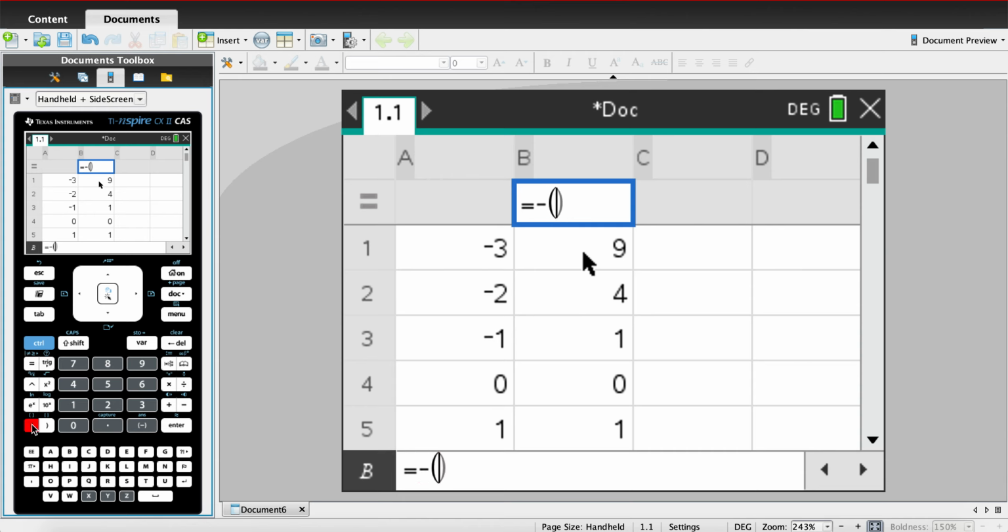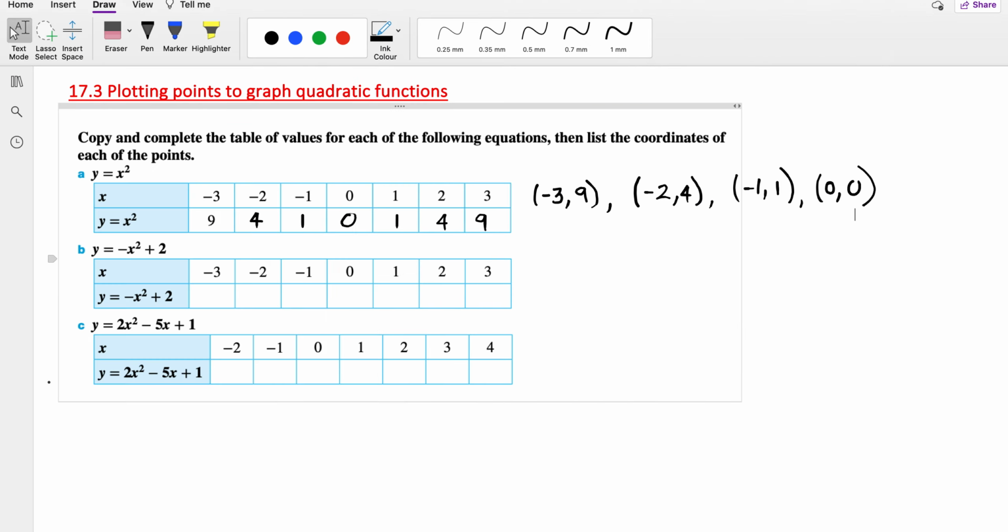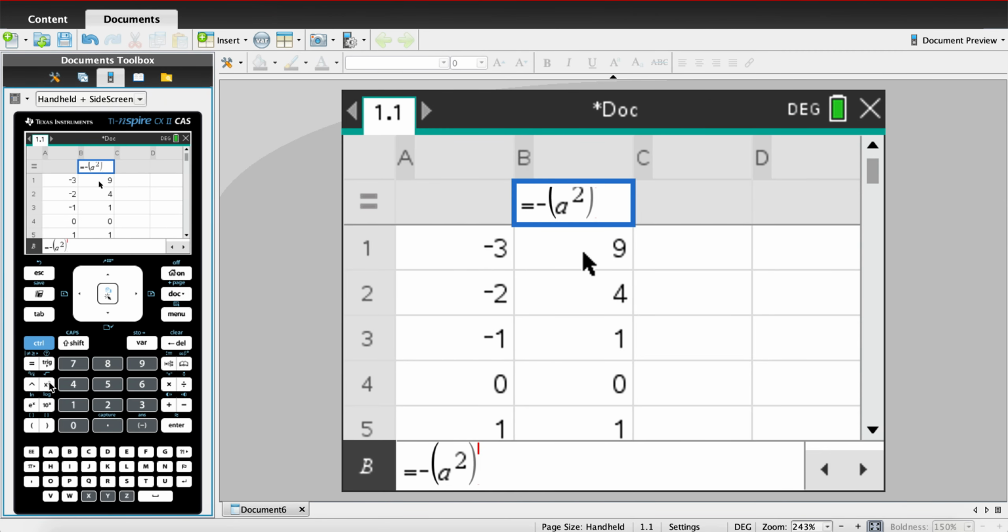Why am I going to open brackets? Just to symbolize that the negative is outside of the operation that I do with x. Then this is x squared, or A squared in this case, because it's column A. Plus 2.